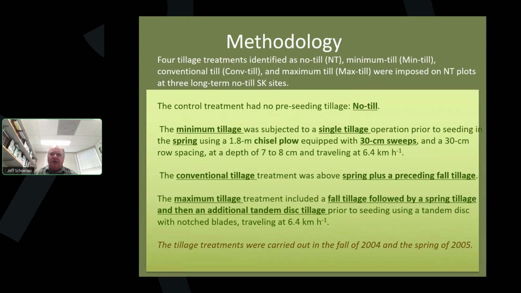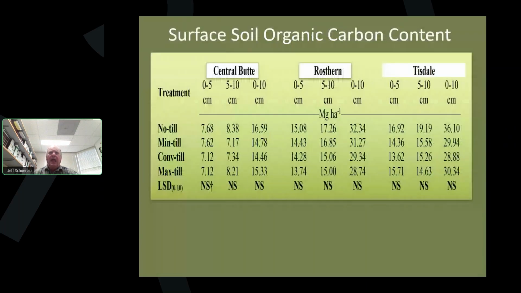It was a tandem disc with notch blades traveling at 6.4 kilometers an hour. These tillage treatments were carried out in the fall of 2004 and the spring of 2005. Then we went in afterwards and looked at the impact on various soil properties. I'll start out first with the surface soil organic carbon content.